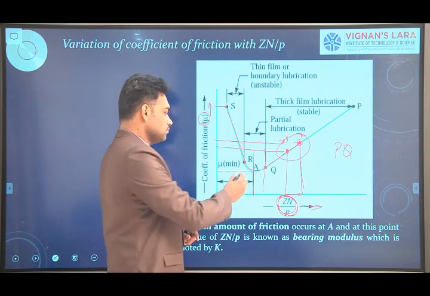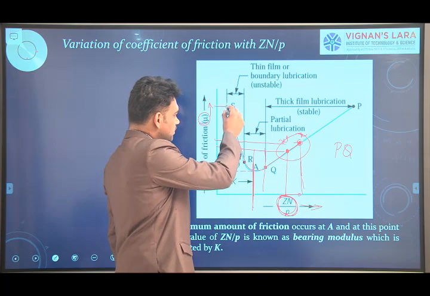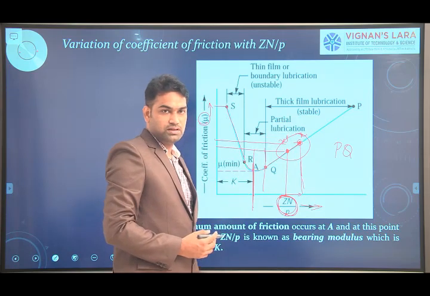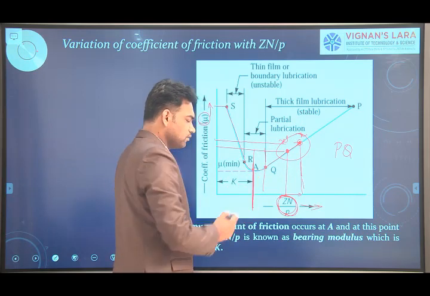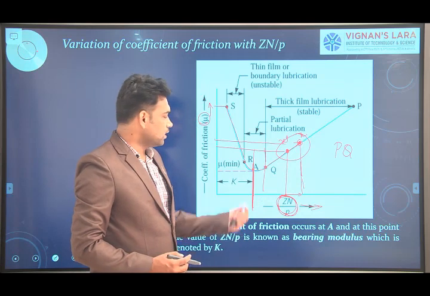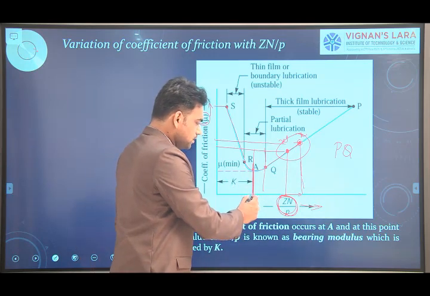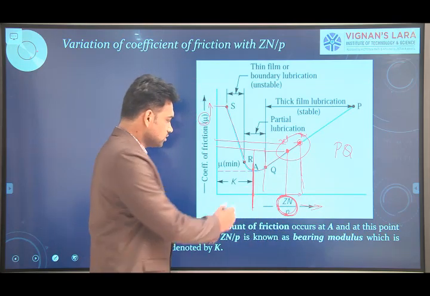Here if you observe, the curve declines up to this extent, and from there the curve increases. At the minimum value, at point A, this is the value of ZN by P at the minimum coefficient of friction.